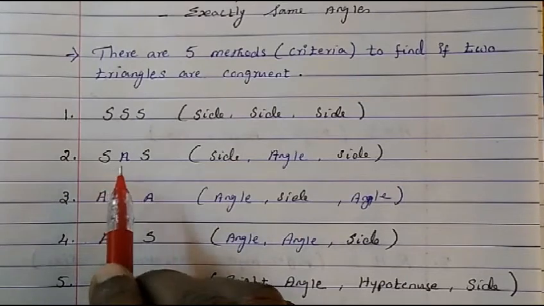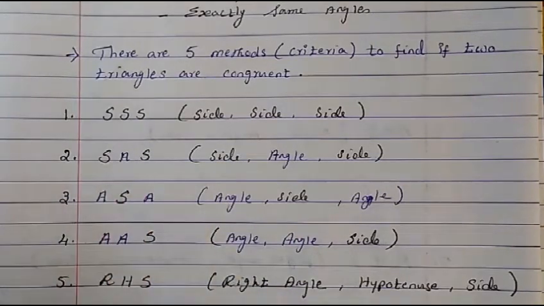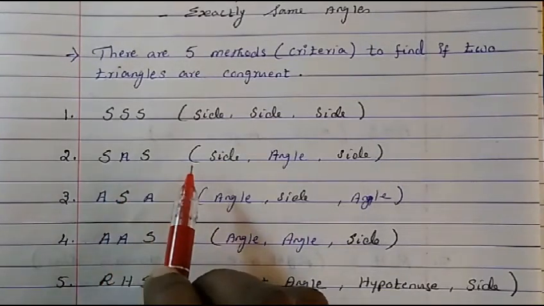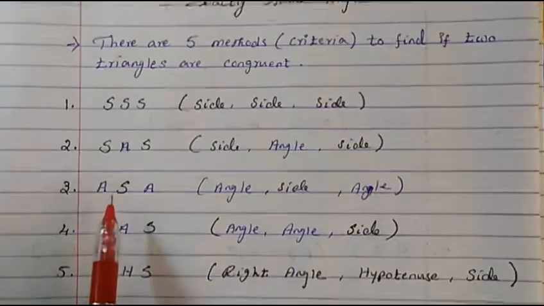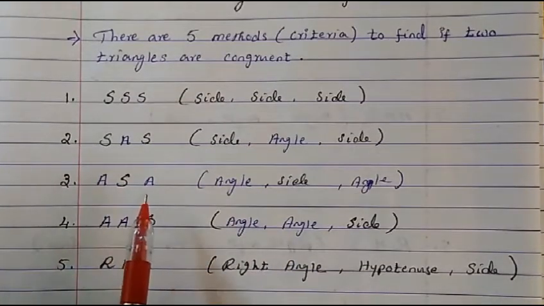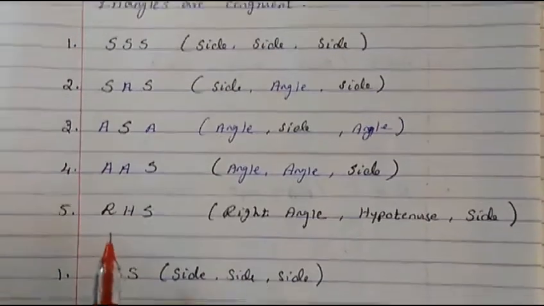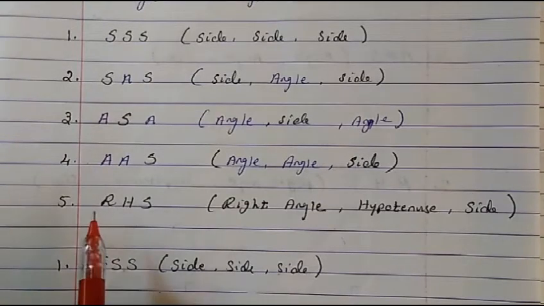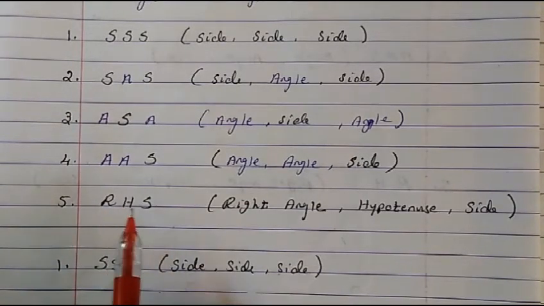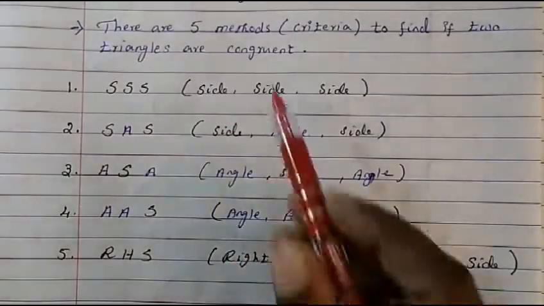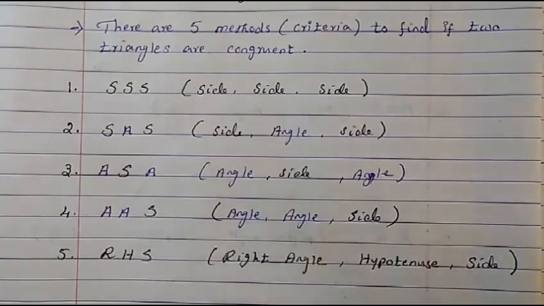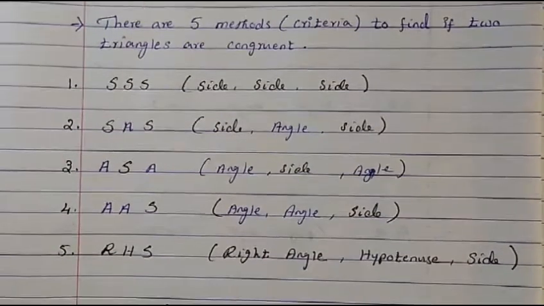Third is angle, side, angle. Fourth is angle, angle, side, and the fifth is RHS, that is right angle, hypotenuse and side. If any one of these 5 conditions is fulfilled, then we can say two triangles are congruent. Now let's see in detail one by one.